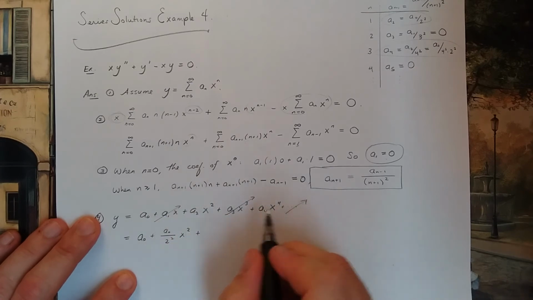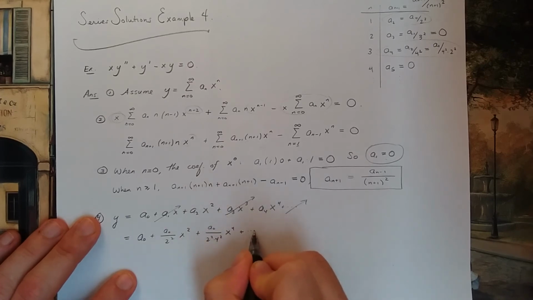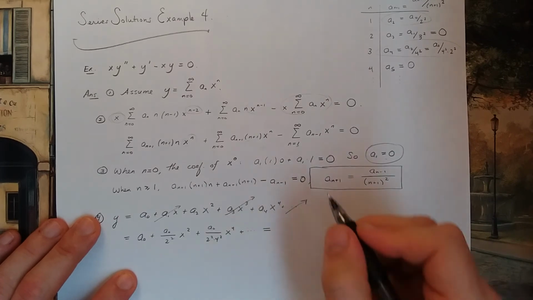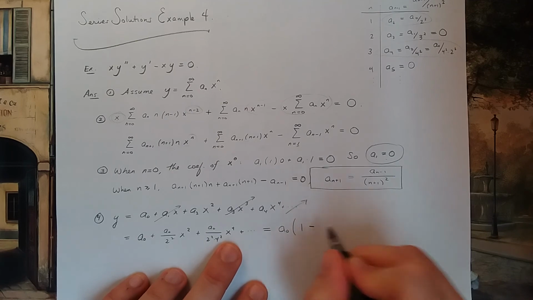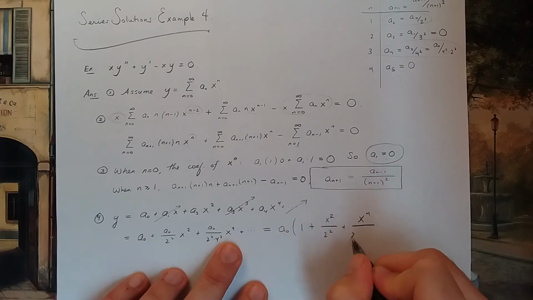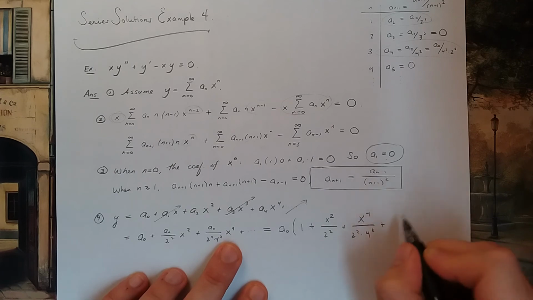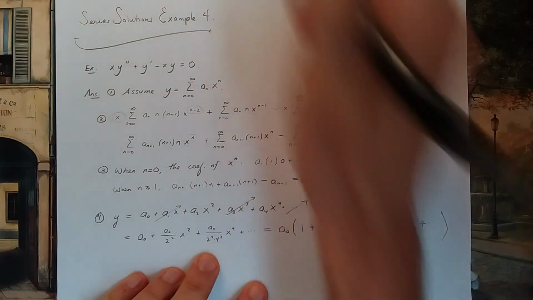My coefficient of x to the fourth is a_0 over 2 squared times 4 squared, and so on. This is a_0 times the quantity 1 plus x squared over 2 squared plus x to the fourth over 2 squared times 4 squared plus x to the sixth over 2 squared, 4 squared, 6 squared. And this goes on forever.